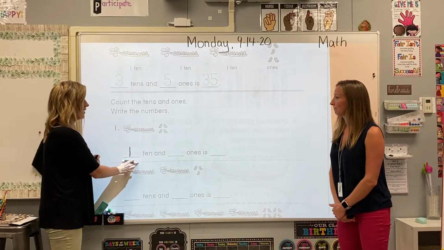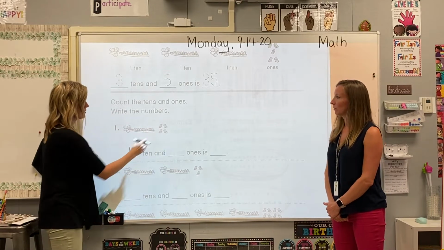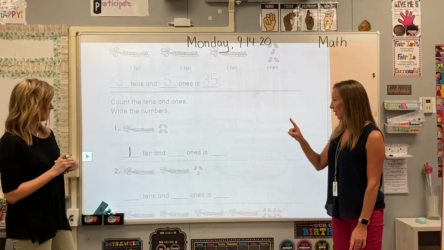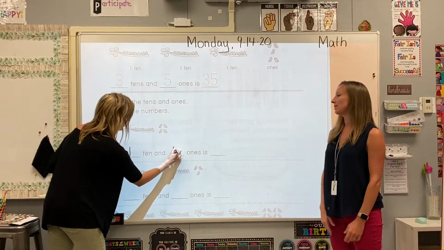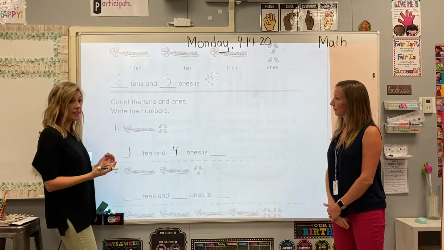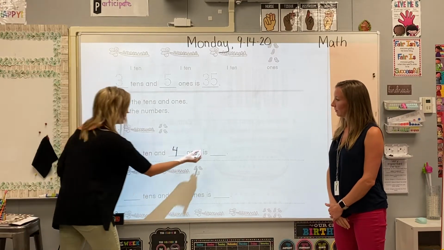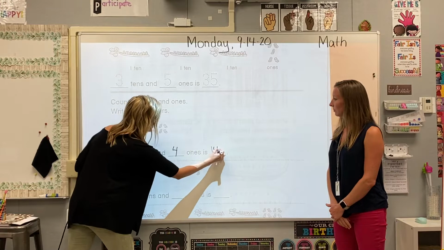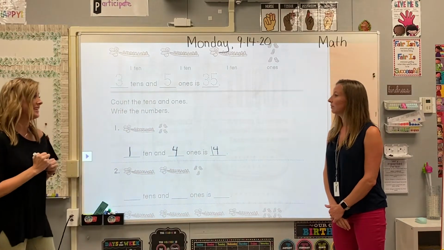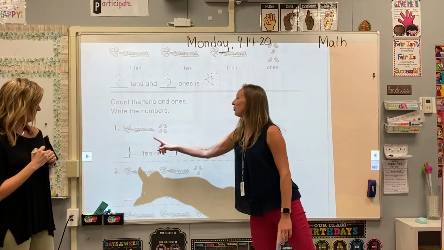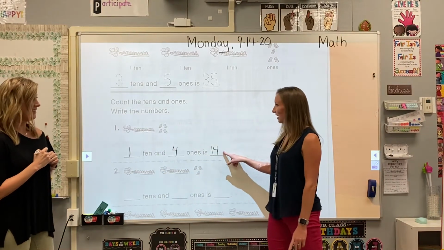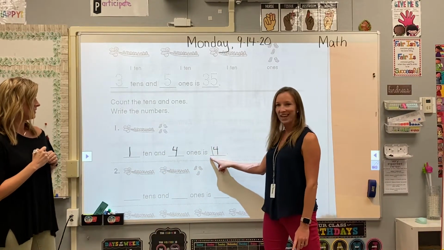And then how many single raisins do you see there? I see 1, 2, 3, 4 raisins, which would mean 4 ones. So, using place value, if I have 1 ten and 4 ones, my answer is 14. That's really cool because it's actually the same as 10 plus 4 equals 14.